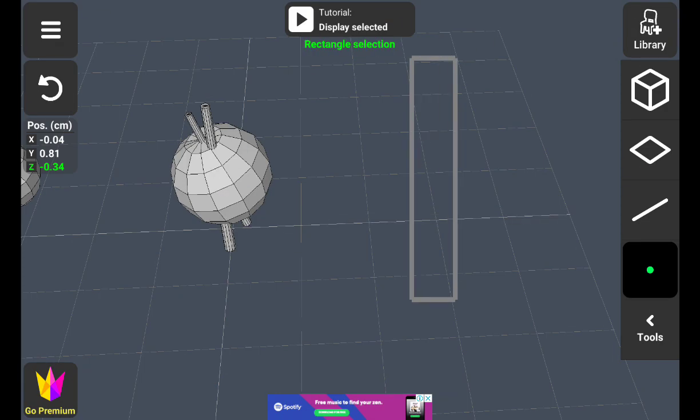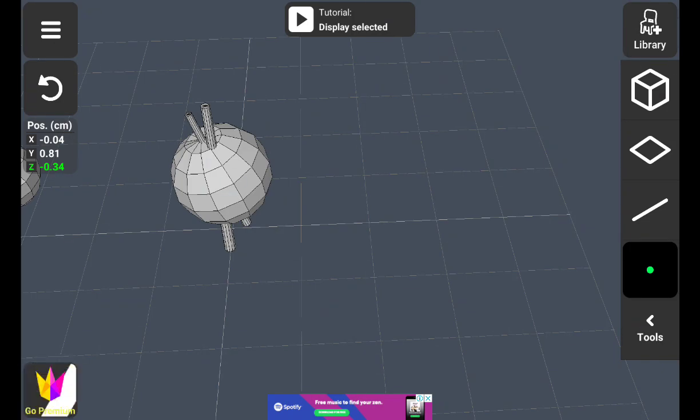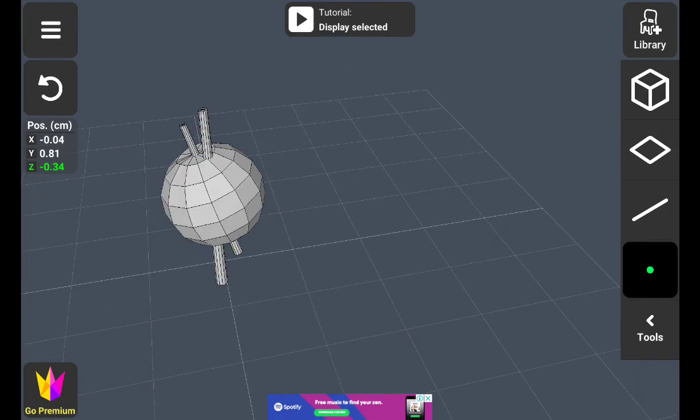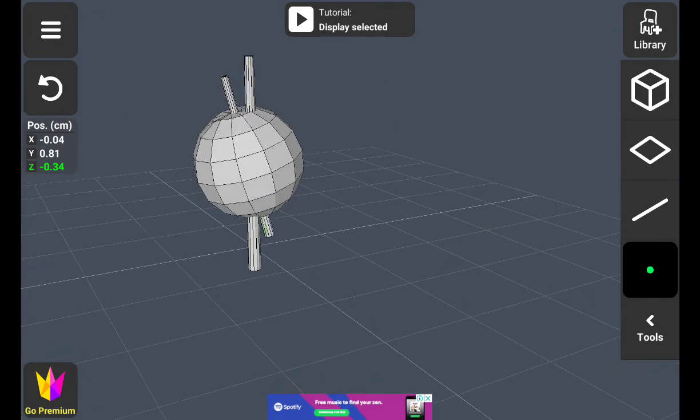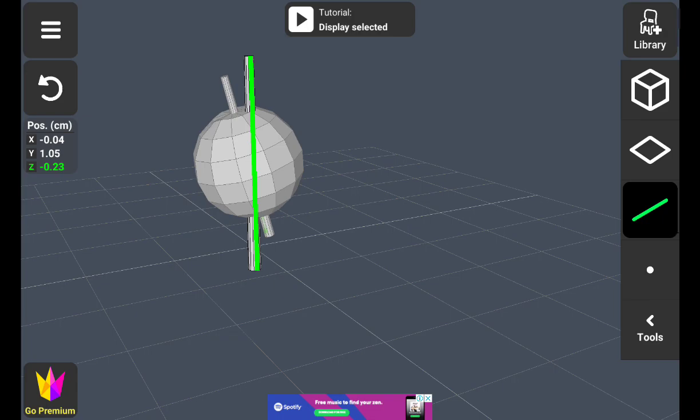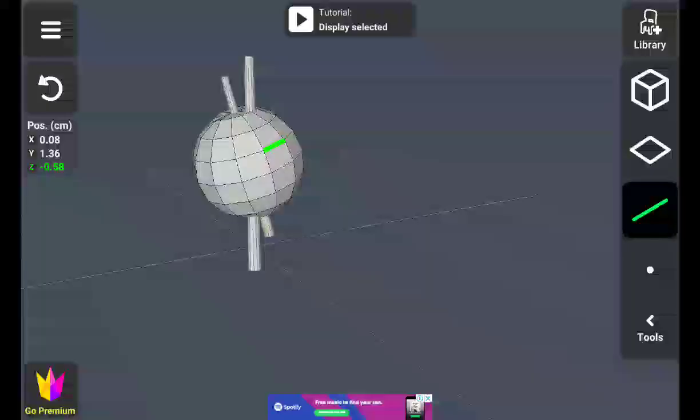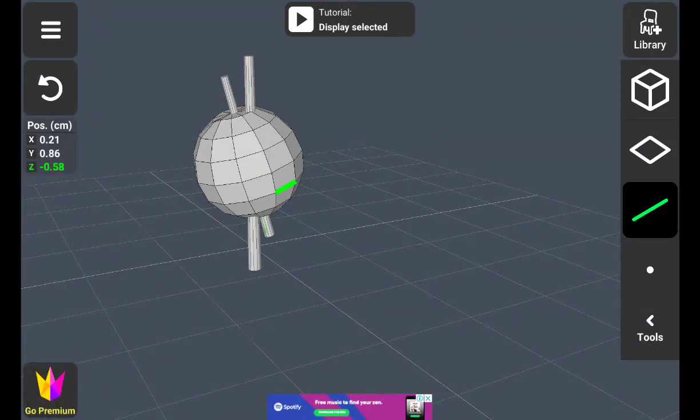The straight lines are the longitudes, and the horizontal lines are the latitudes. So in the same way we are dividing this earth. So these lines are the latitudes of the earth.